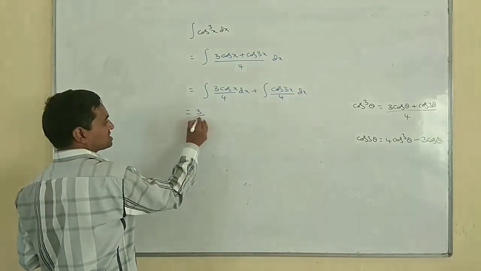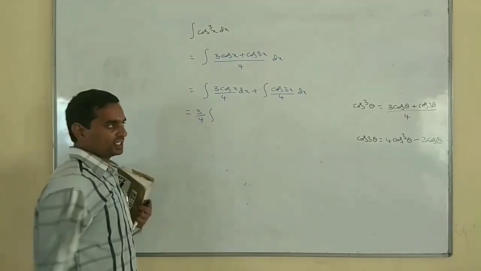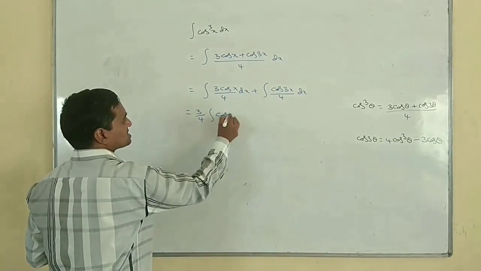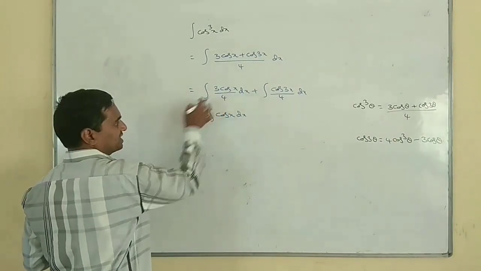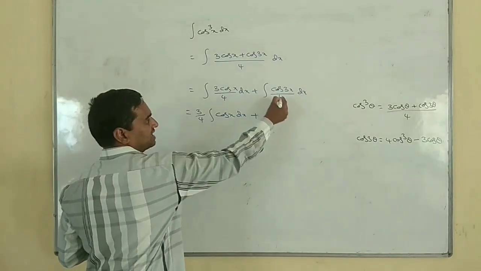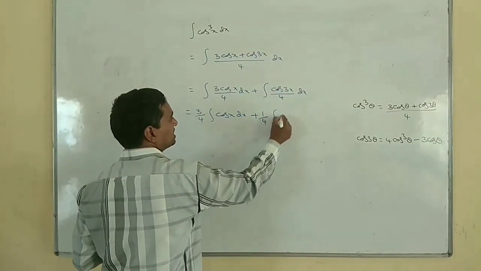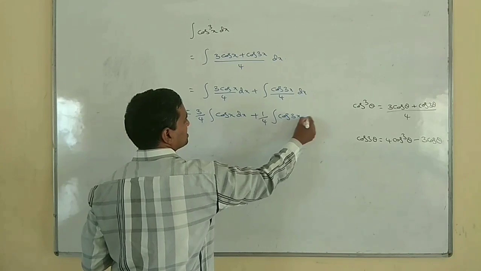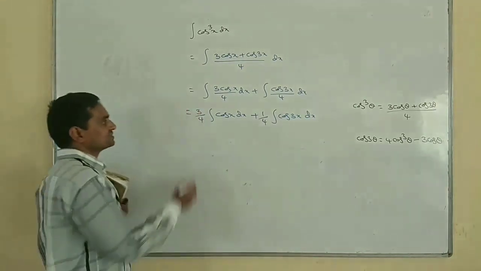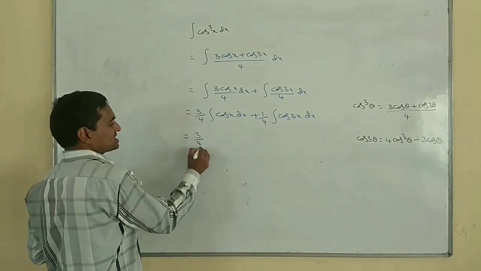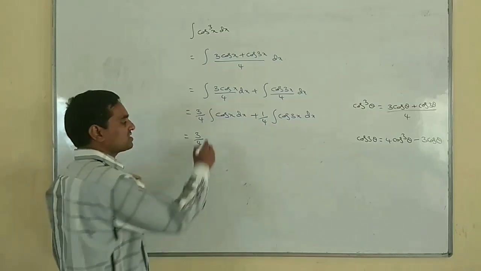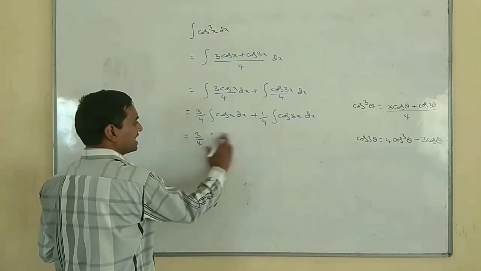3 by 4 constant, writing outside, integration of cos x dx. Plus here 1 by 4 constant, integration of cos 3x dx. 3 by 4, this is directly a basic formula: integration of cos x is sin x.